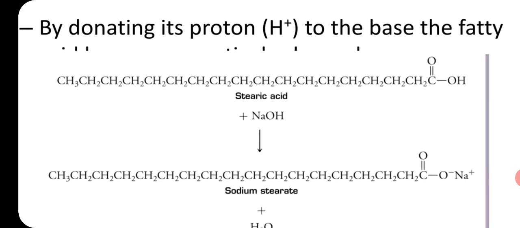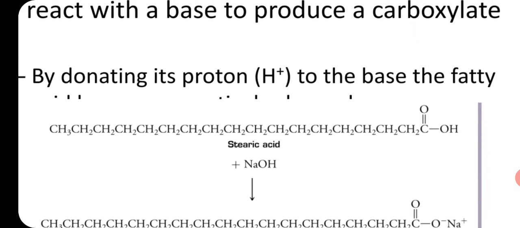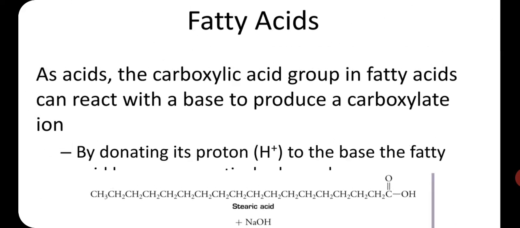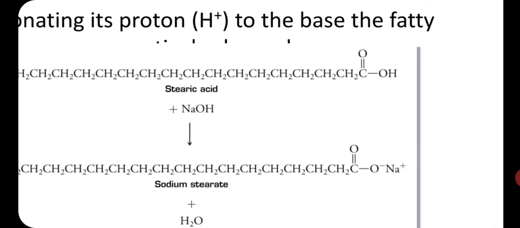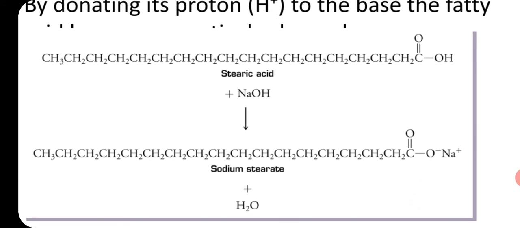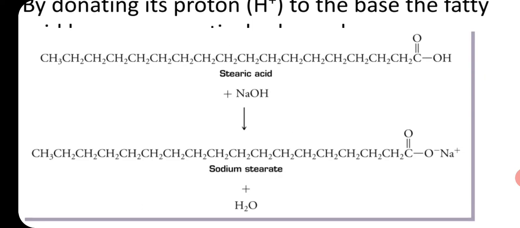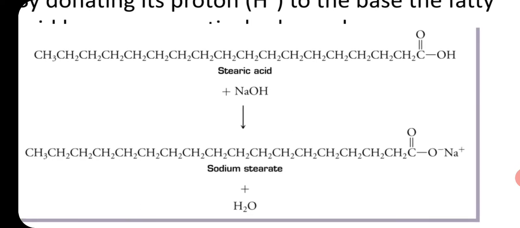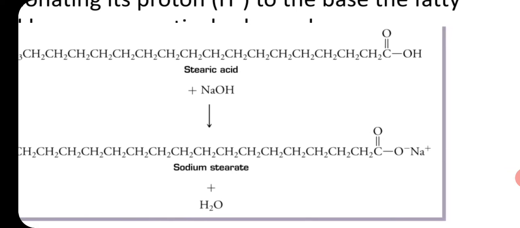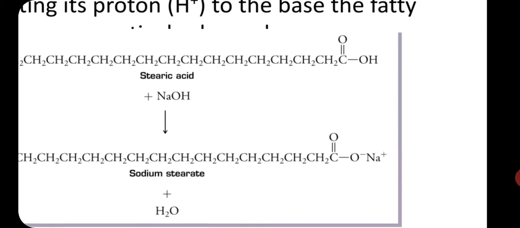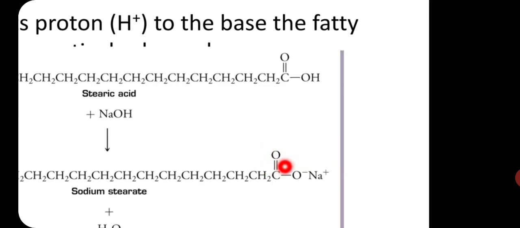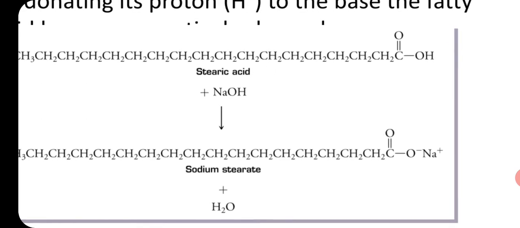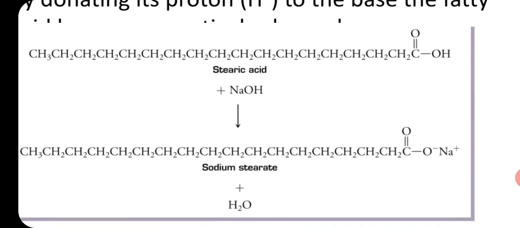This carboxylate ion, one of the most famous examples depicted in front of you, reacts with an alkali, say sodium hydroxide. The sodium ion will now attach with COO minus. You can see at this position, COONa.